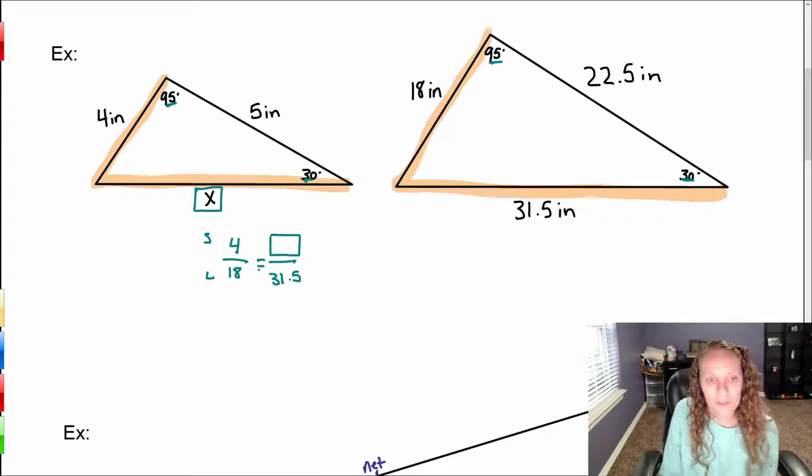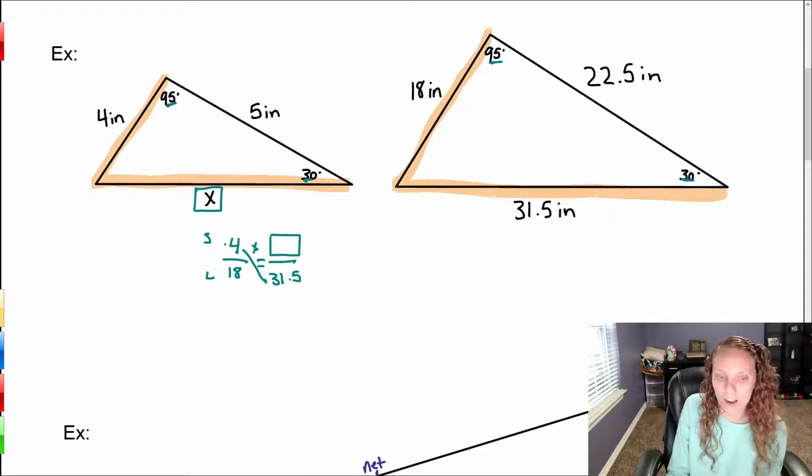So we're going to use what we know about proportions and solve for the missing side. Remember, with proportions, we can crisscross multiply, so we're going to do 31.5 times 4 and then divide it by 18.